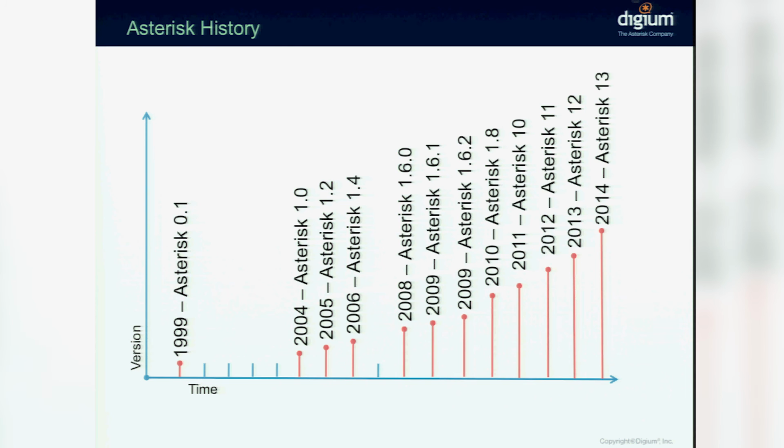This is the release history of Asterisk. As of right now, Asterisk 13.6 shipped last week, I believe, for those of you keeping up with the latest and greatest source code. So we're squarely in the middle of Asterisk 13.